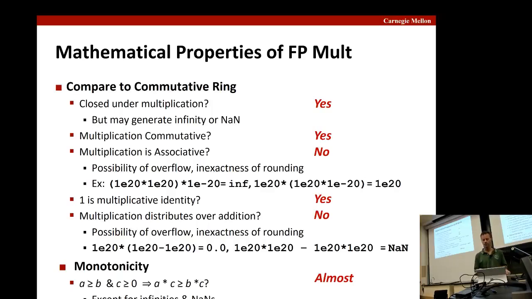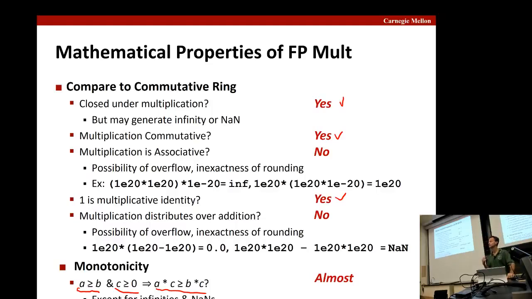Here the news is pretty good as well. It's closed under multiplication. It's commutative. 1 times anything is still that value. And so the multiplicative monotonicity says that if A is greater than or equal to B, and you have a non-negative C, then if you multiply that C by both sides, the sense of the inequality doesn't change.